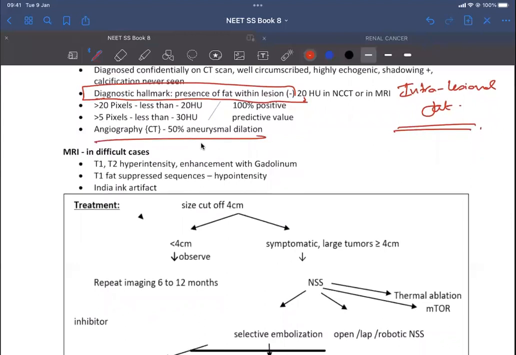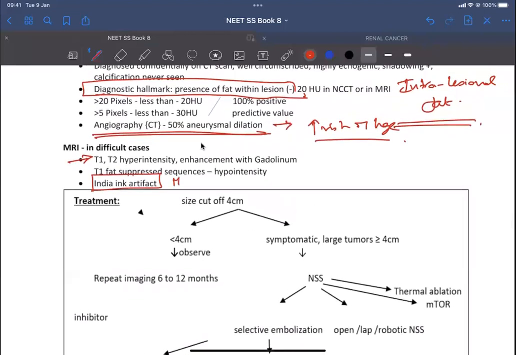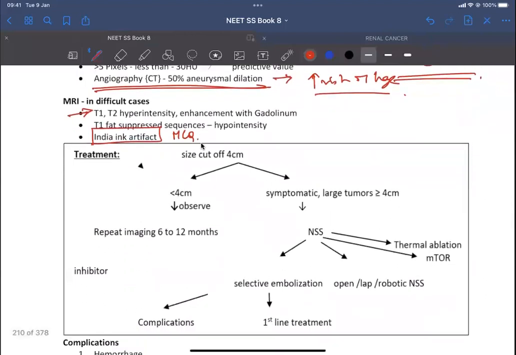And again, MRI, sorry, before that, you can have aneurysms within the lesion, and if you've got an aneurysm with a 50% dilatation, then there's an increased risk of hemorrhage. And MRI is hyperintense on T1 and T2, which is what fat does on an MRI, and the India ink artifact is the key point you need to remember that's seen in angiomyolipoma on an MRI.